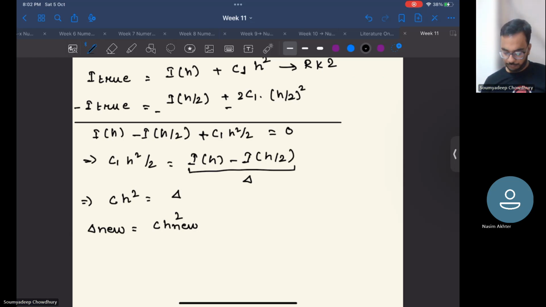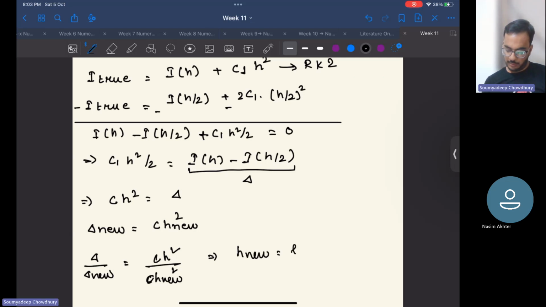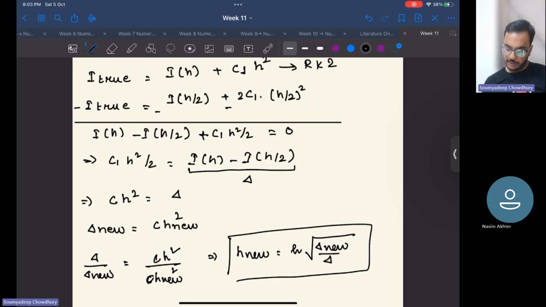Now we divide these two equations: delta by delta nu equals C H square by C H nu square. So if we find out H nu from here, H nu equals H under root delta nu by delta. So what is your delta nu now? If you know this delta nu, you can find out your H nu.